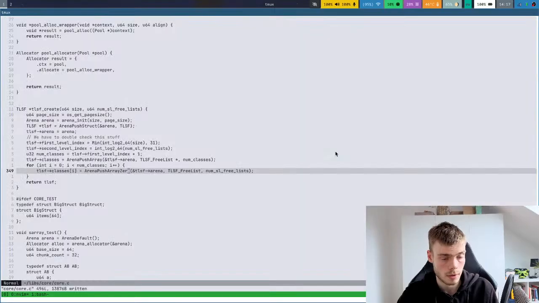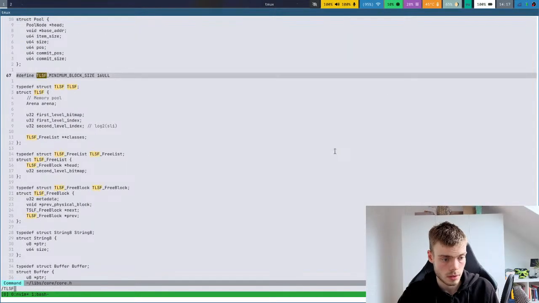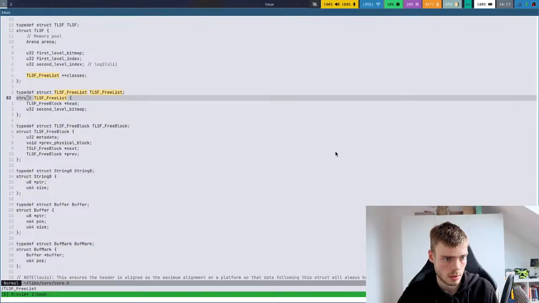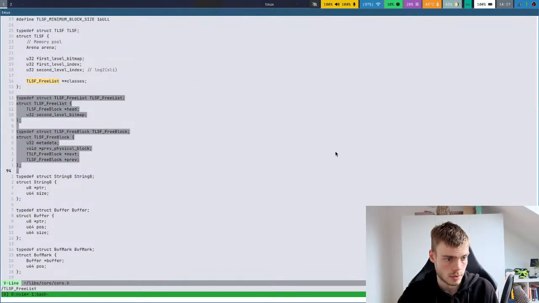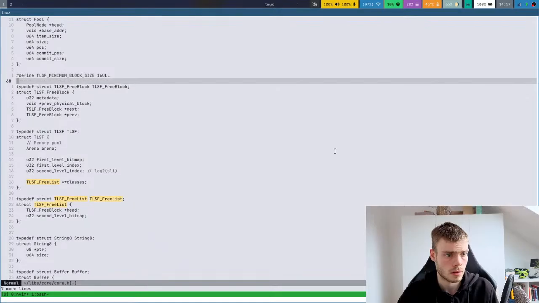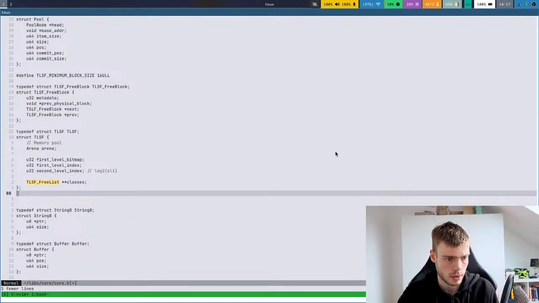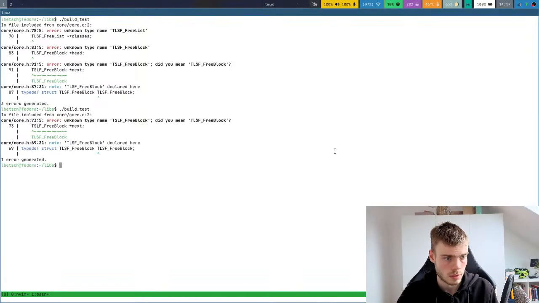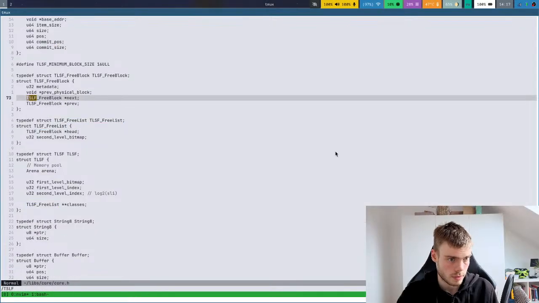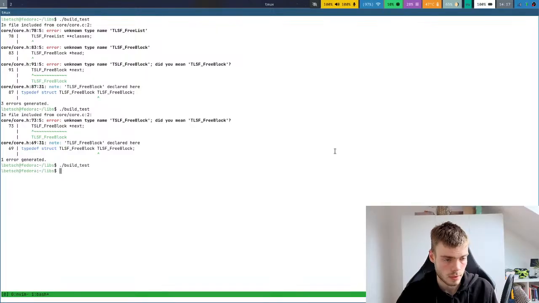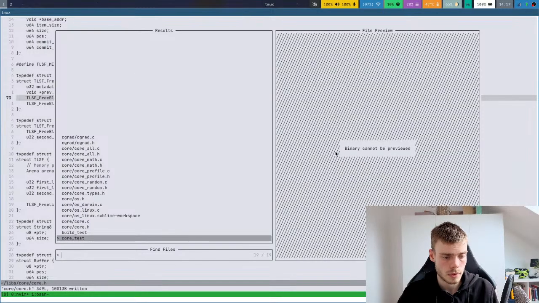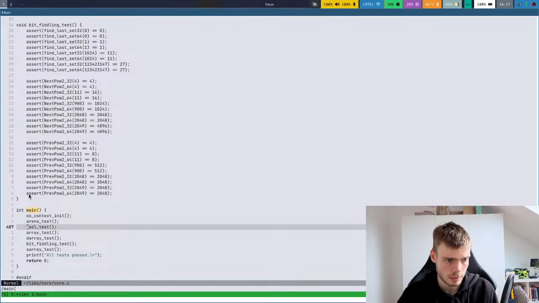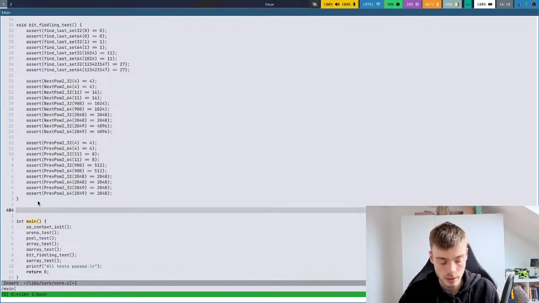TLSF. Okay, maybe, or let's see, main. Maybe design a test for a doubly linked list. Wait. Test.